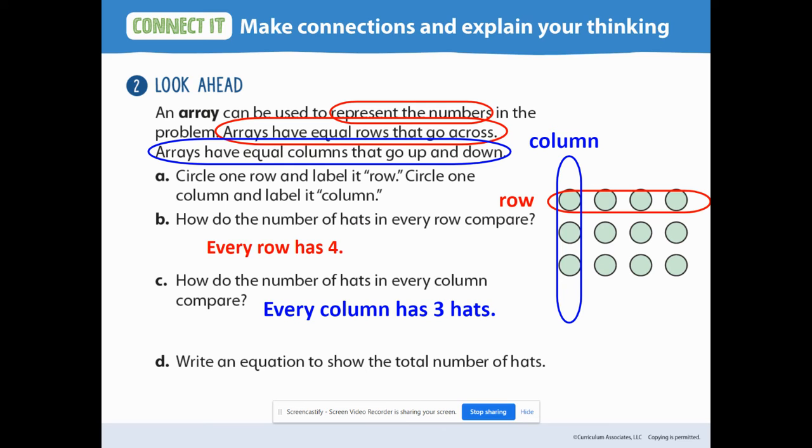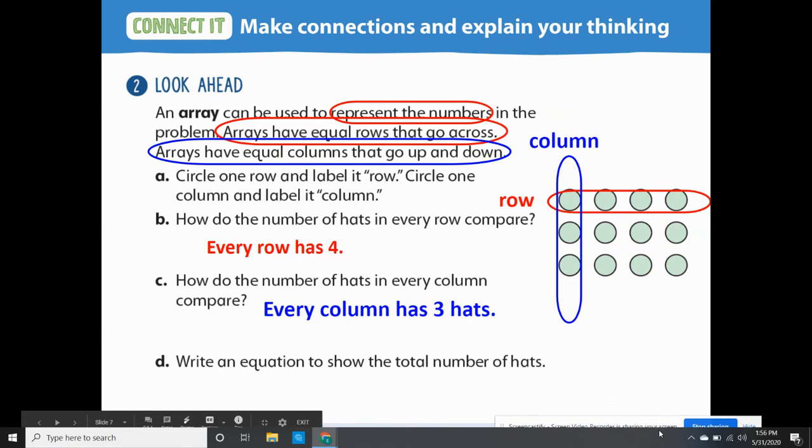Write an equation to show the total number of hats. Right now, I want you to write one equation, either using a row or a column. Go ahead and pause the video and write an equation using a column or a row.